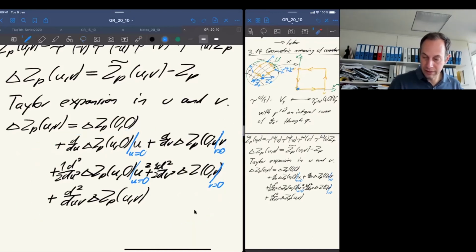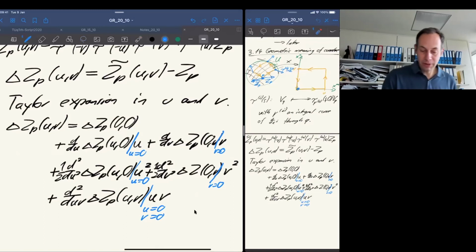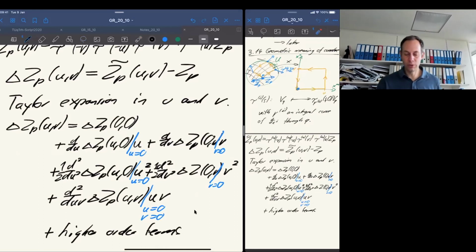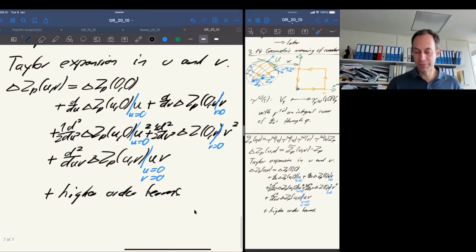There should also be at the end here a times v. And here should be a v squared, and here should be a u times v. And again, that thing has to be evaluated at u equals 0 and v equals 0. Okay, so that's the Taylor expansion. Of course, there are more terms, plus higher order. The next terms involve something to the power of 3, at least.